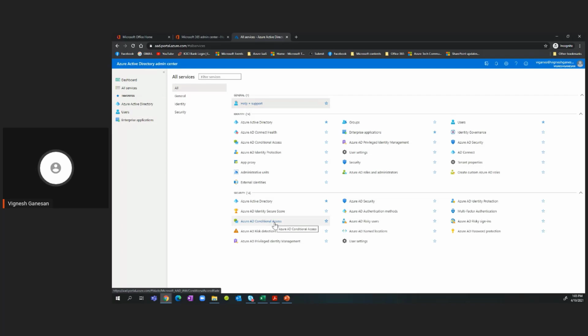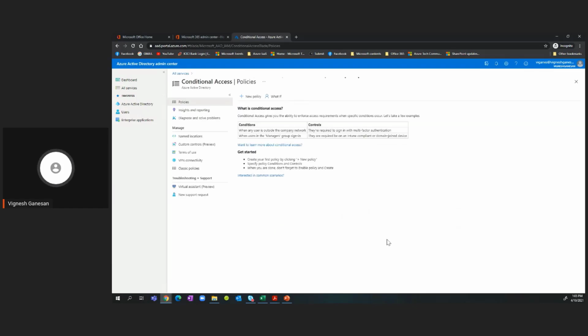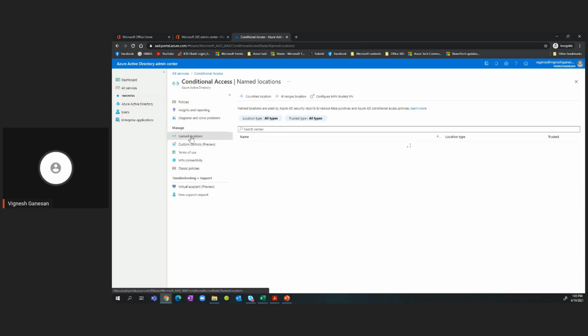So maybe I want to give access to Office 365 or maybe Azure or whatever, only based upon certain conditions. It could be scenarios such as when people are coming from within a named location, within this particular IP range, right? Or maybe people should be coming only from a computer which is joined to my domain. For things of that sort, you can go ahead and leverage your conditions. Based upon certain conditions, you would be granted access, right?